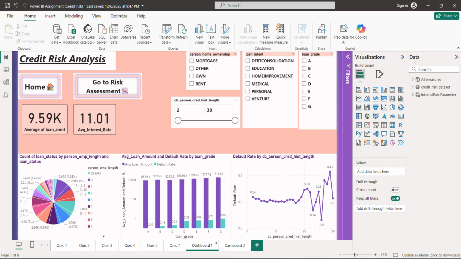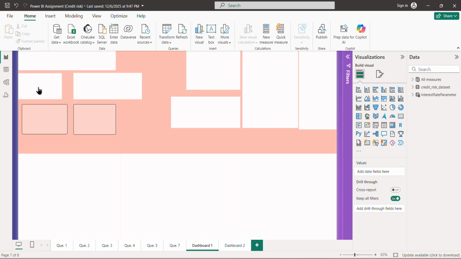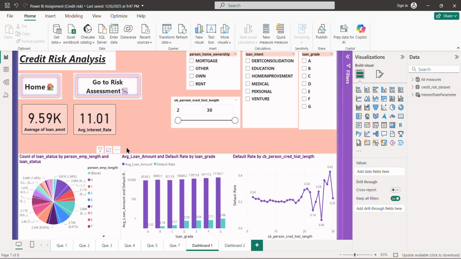The employment length and ownership filters help identify distinct borrower groups with varying likelihood of default. Overall, the dashboard provides a clear view of risk trends, enabling quick identification of safe borrower segments and high risk categories.